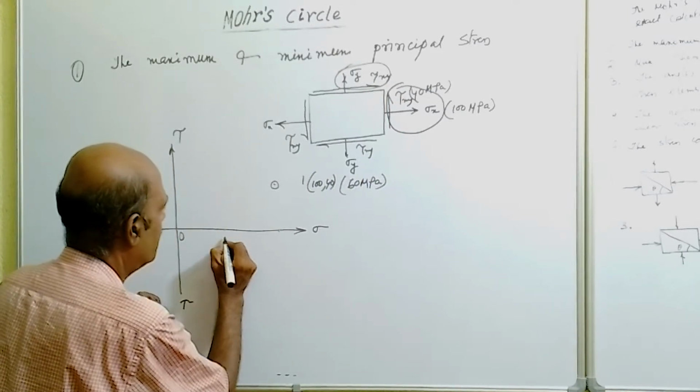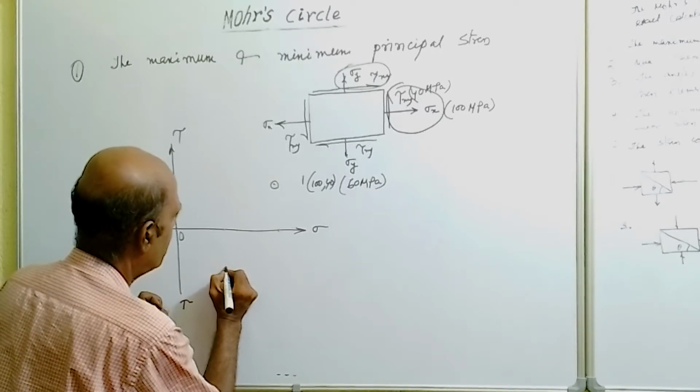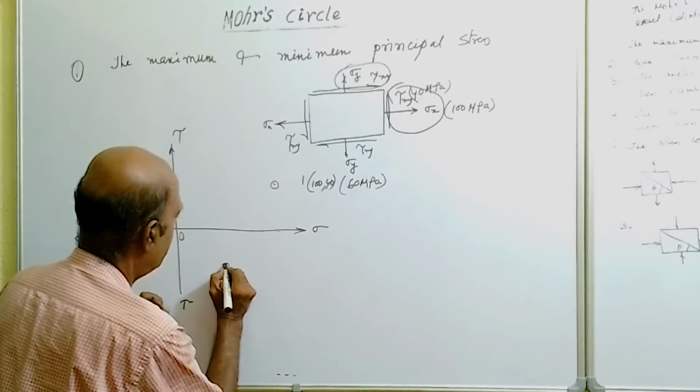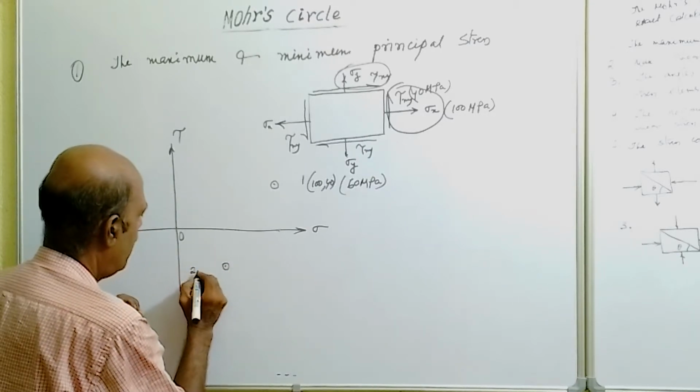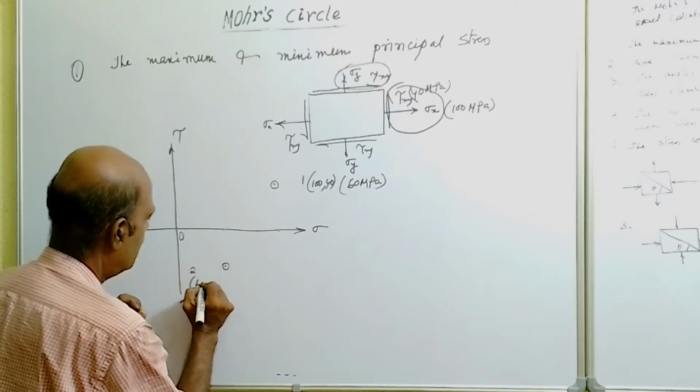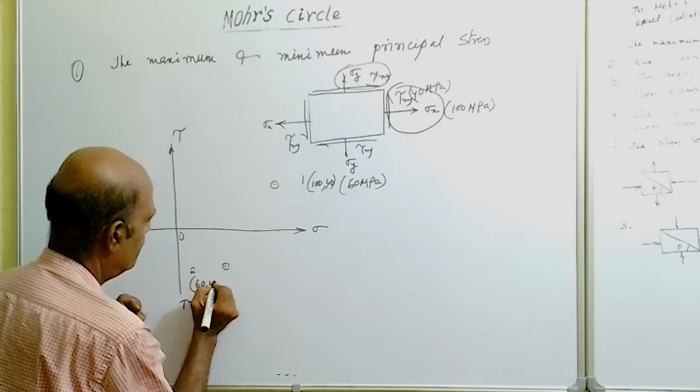So 60, minus 40. Let the point marked by the scale be point 2, that is 60, minus 40.